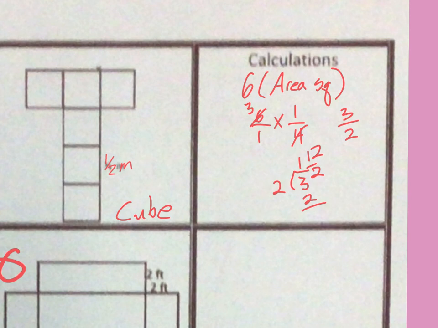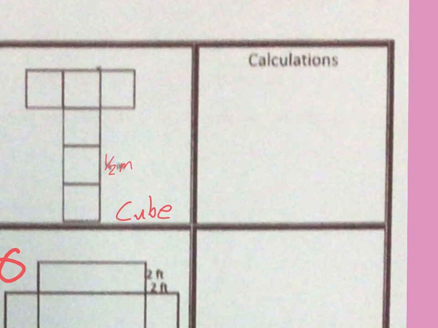When I'm dealing with fractions, some of the time I like to show you an alternative. I like to convert it into a decimal. So how do I write 1/2 as a decimal? Well, it's 0.5. So 6 times the area, and 0.5 times 0.5 is 0.25. That's 1/4. Then it's easier in your calculator to go 6 times 0.25, and I get 1.5.